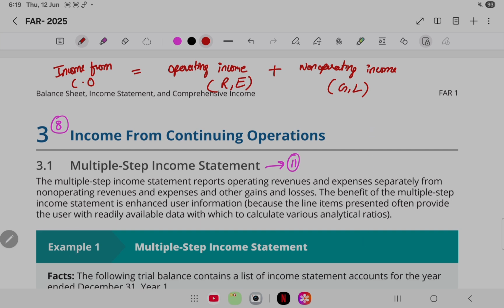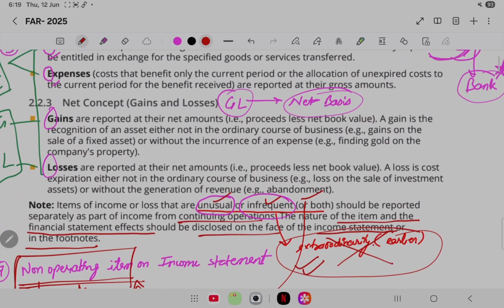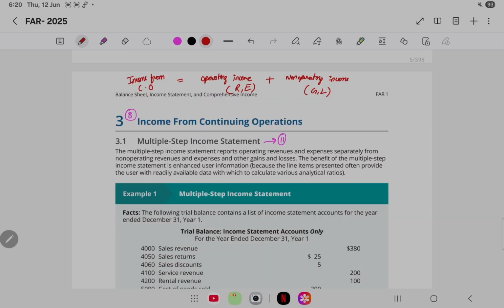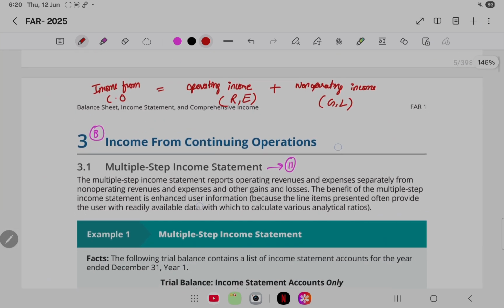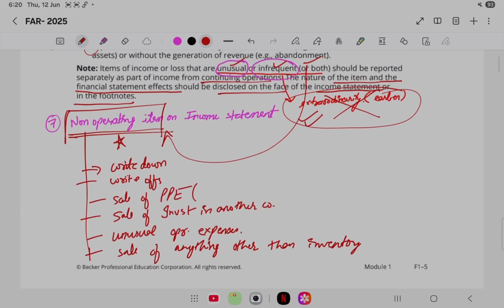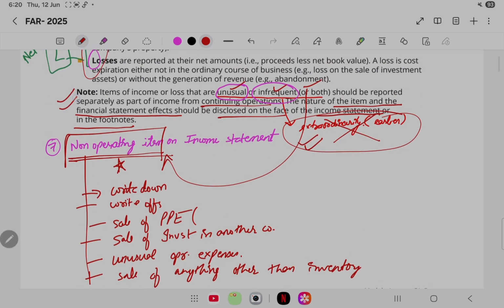If we check the previous pages, R and E are the gross amount plus the operating part. G and L are the non-operating part. The nature of the item and the financial effect should be disclosed on the face of the income statement or in the footnotes. It is the same as we have learned here.